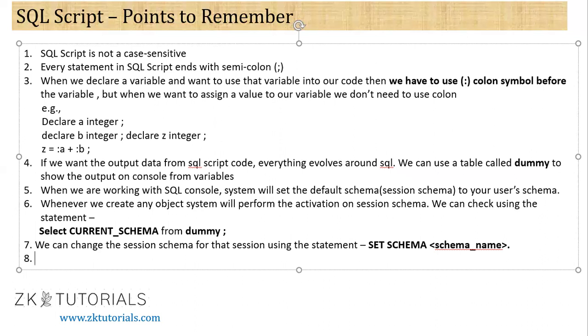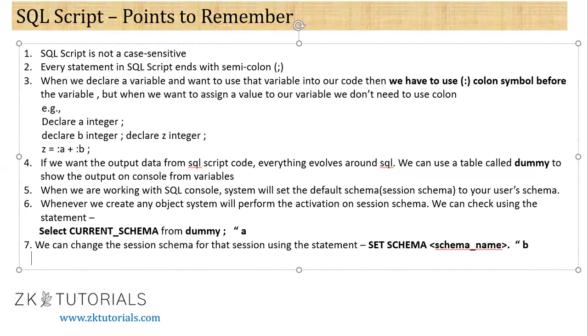So that we can access the objects of another schema. For example, let's say my current schema is A, and I have changed my schema to schema B using this.